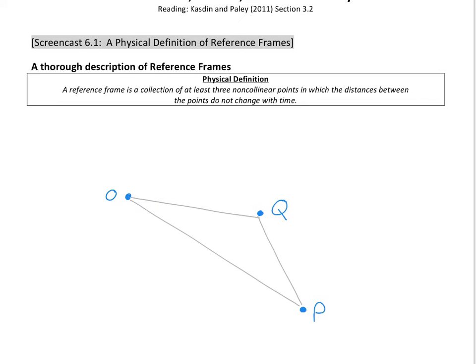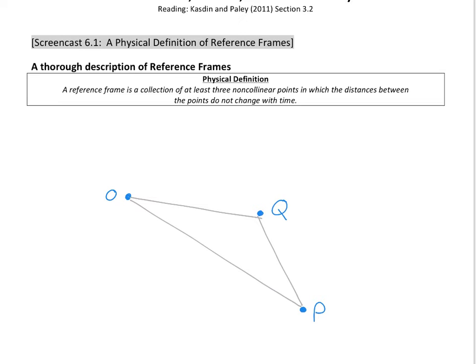And so with this physical definition of a reference frame, what we've essentially said is that reference frames are attached to things. So this is just like a rigid body. All the points within a rigid body are going to be fixed to that rigid body, and they're not going to move in relation to each other. And then one more piece of information about a rigid body is that you need a minimum of 3 points to define a rigid body.